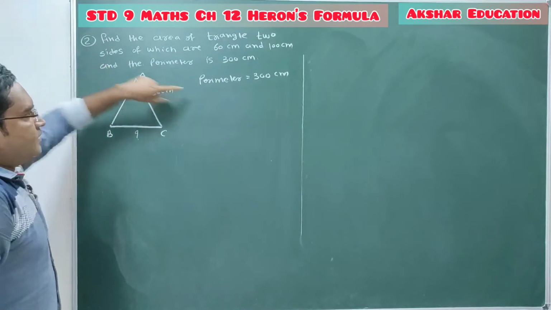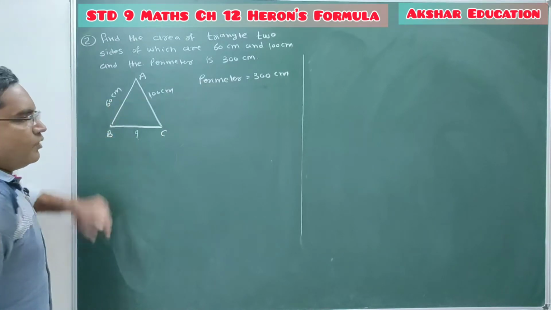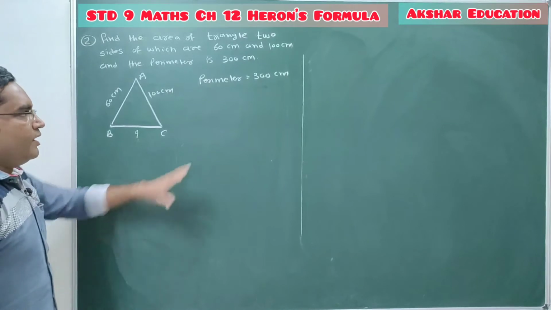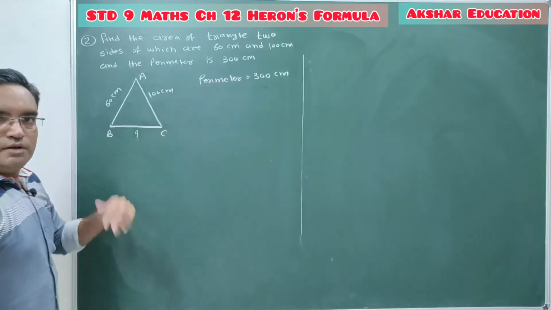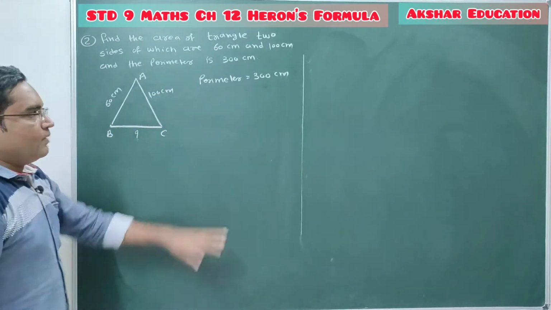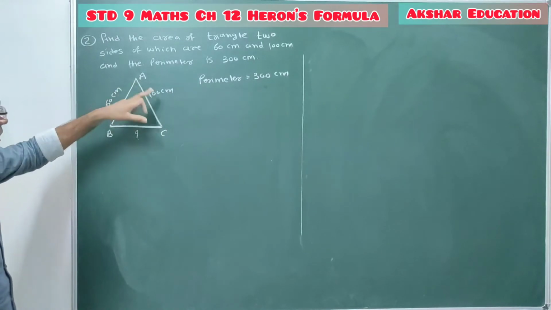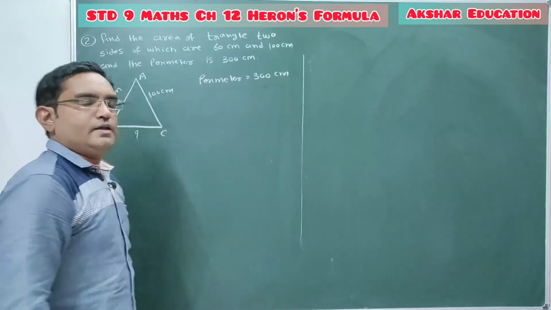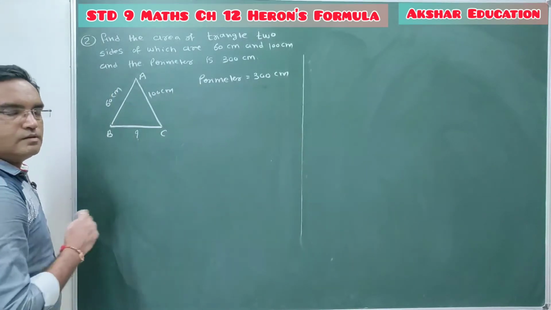The sum of all sides is 300 centimeter and two sides sum to 160 centimeter. What is the measure of the third side? Simple, it's 140 centimeter. So we can derive the measure of the third side by using this given parameter. Instead of giving the third side, we are given the perimeter. By using this perimeter, first we will derive the third side. After getting the values of all three sides, we will apply Heron's formula to find the area of the given triangle. Clear? Very simple sum.